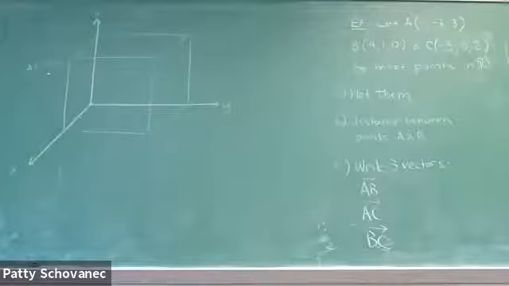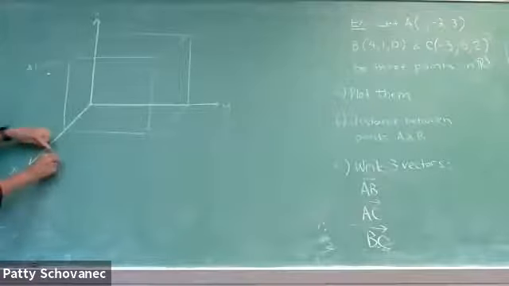All right. The next one. I go out 4 units, so that was 1 unit. So 1, 2, 3, 4. From here I go 1 unit in the y direction and no units up or down. So here's point B.